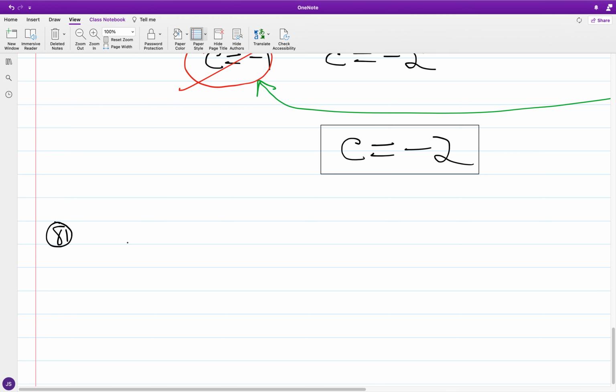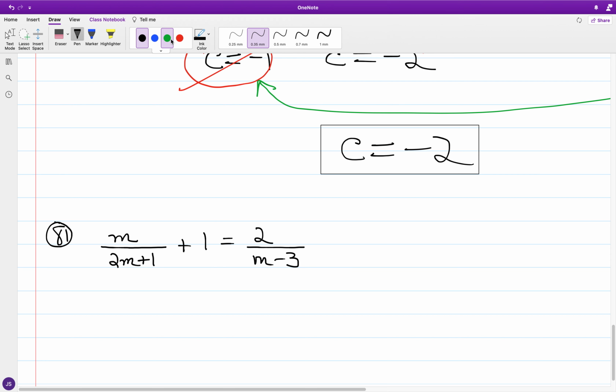So we have in the variable m, m over 2m plus 1, plus 1, equal to 2 over m minus 3. So you have two distinct denominators.